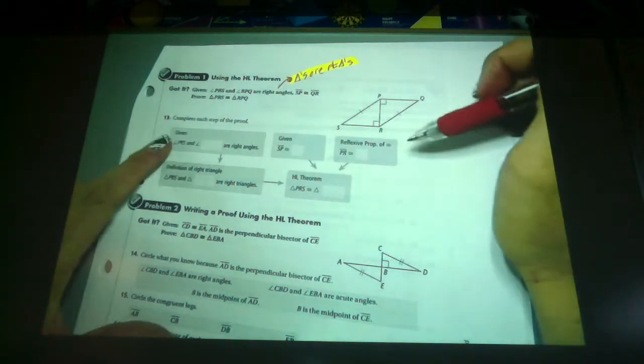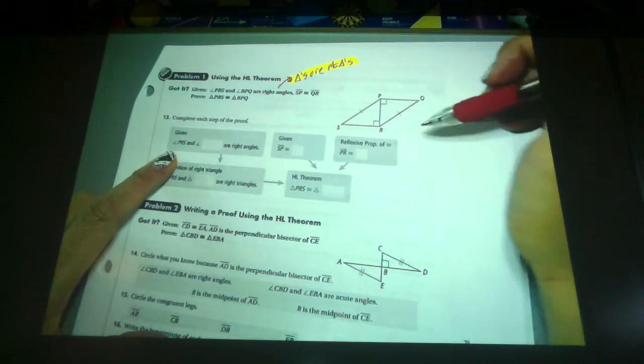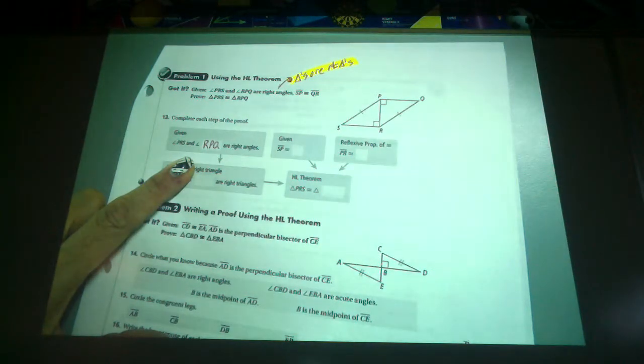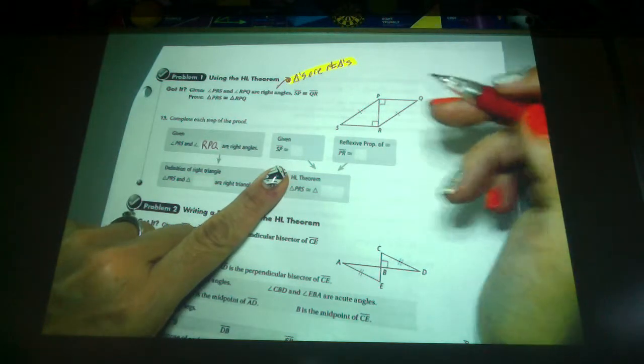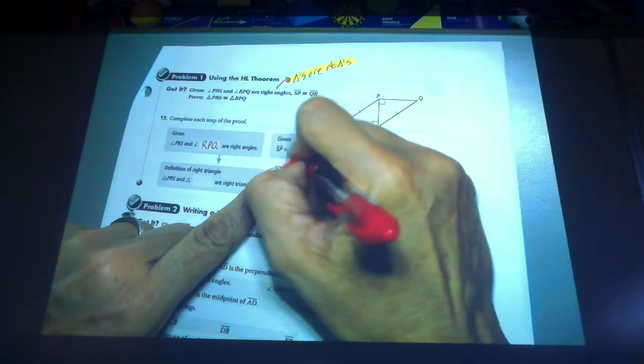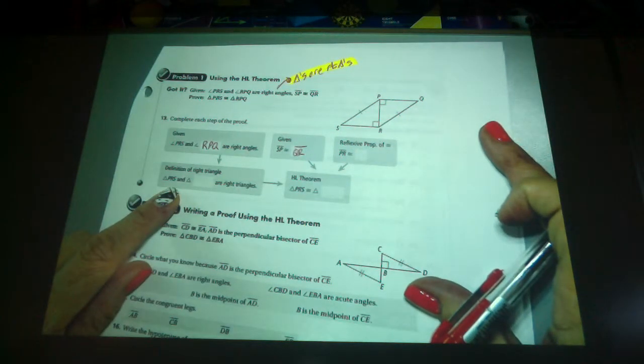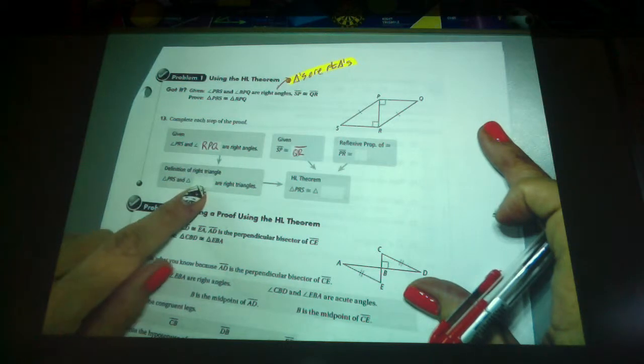So here we go. Given, we've got angle PRS and angle RPQ are right angles. Also given is that segment SP is congruent to segment QR. From this given, notice what they're concluding. That the triangles are what?